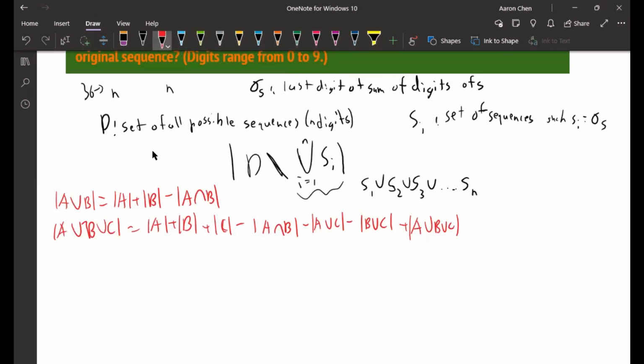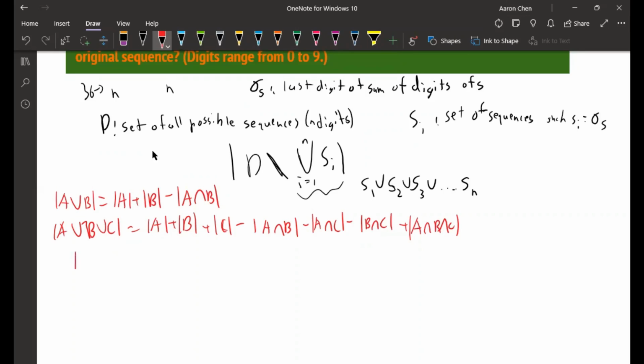So the union of n sets is equal to the sum of the sizes of the sets, minus the sum of the pairwise intersections of the sets, plus the triples of sets, and then minus the 4-tuples, and so on.